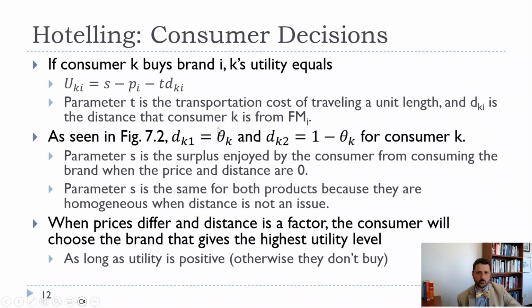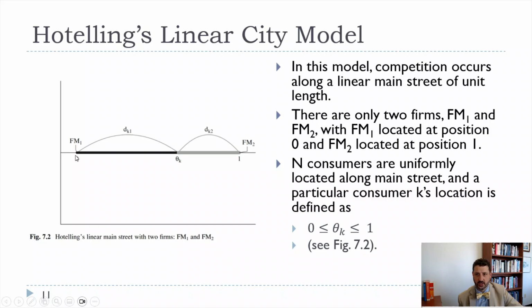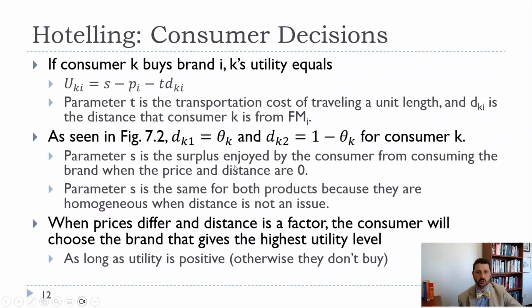And so if we go back, right, the distance from the first store for consumer k is just theta k, right? That's just this distance here. And the distance from the second store is just 1 minus theta k, this distance here, d k2. And then that t parameter is just some cost function, right?